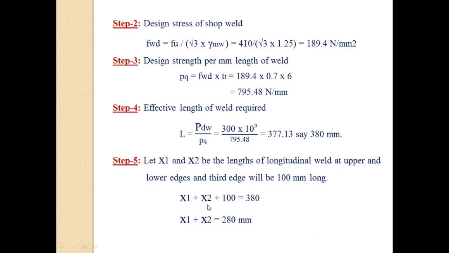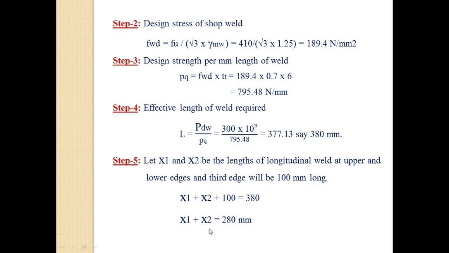So x1 plus x2, the longitudinal weld, plus the transverse weld, 100 mm, is equal to 380 mm. After solving this, we get x1 plus x2 equal to 280 mm.